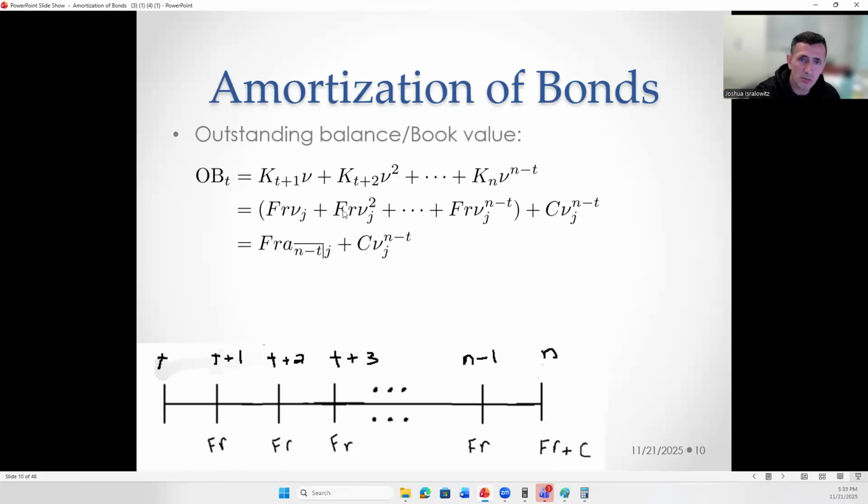But because this is just the present value of the following time diagram at the beginning, treated as time t, we can use our annuity formula. So this is just FR a angle n minus t, because n minus t periods, and then the present value of redemption. And actuaries call this book value for some strange reason.